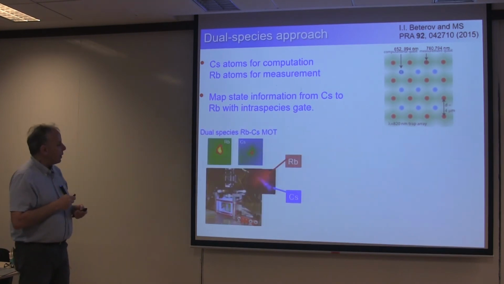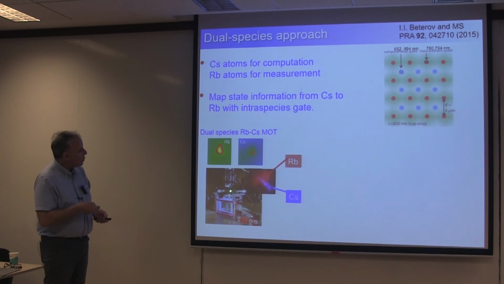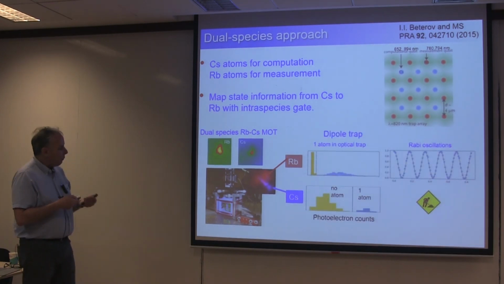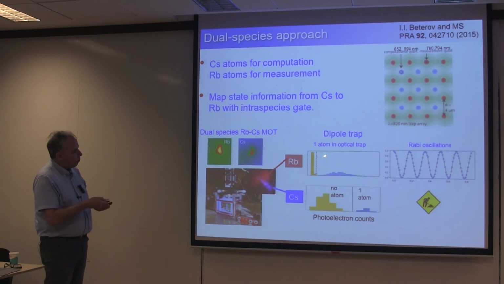We've been setting up an experiment to do this, a dual species experiment. There's a small vacuum chamber here, and we have co-trapped, cooled and trapped rubidium and cesium atoms. And we're just now working towards doing this kind of interspecies gate. We've put in an optical dipole trap and have trapped single rubidium and cesium atoms in the same trap.